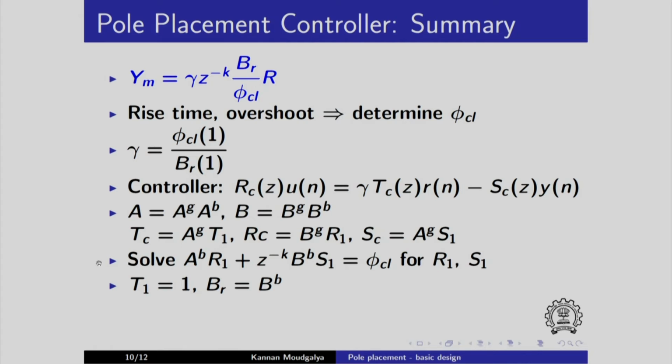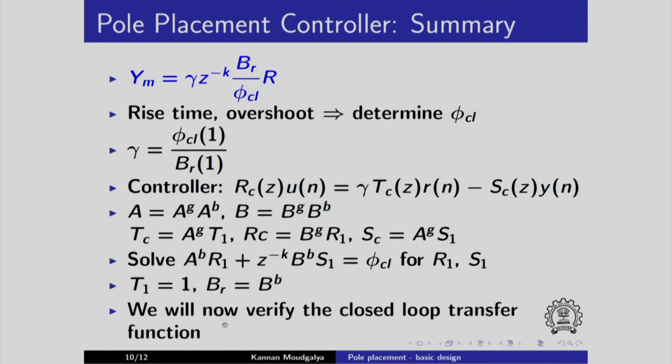We solved Aryabhata's identity. We chose T1 equals 1. The moment we chose T1 equals 1, BR equals B. It is easy to see this. In fact, if you do not remember, you have to go back and check this. We will now verify whether this solution indeed gives the closed loop transfer function as we desired here. We will do this in the next slide.